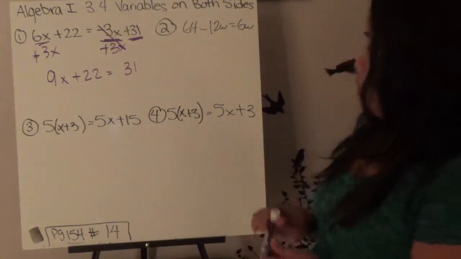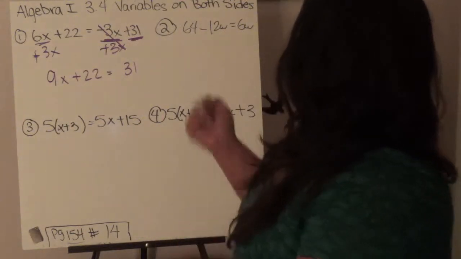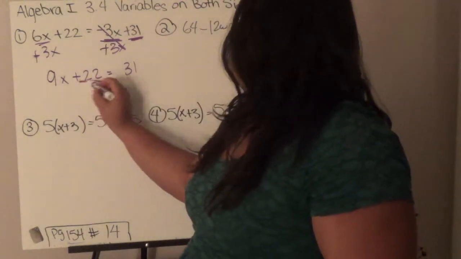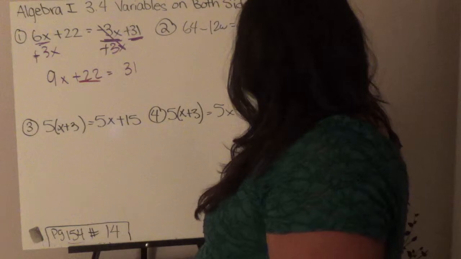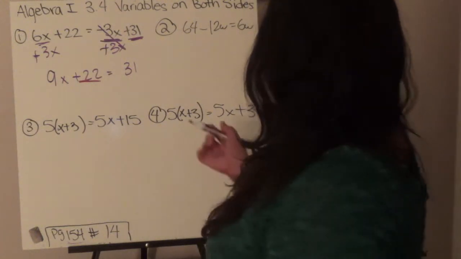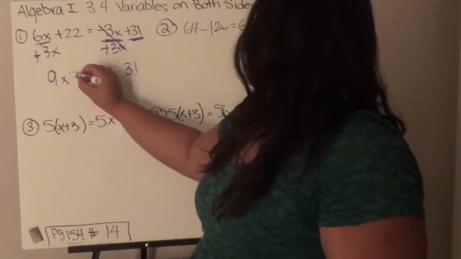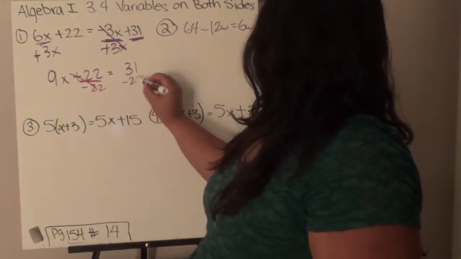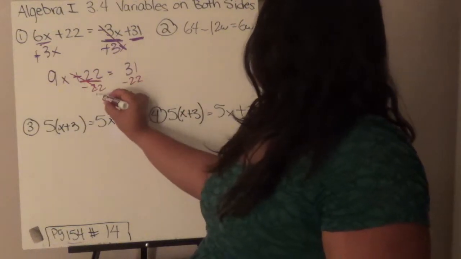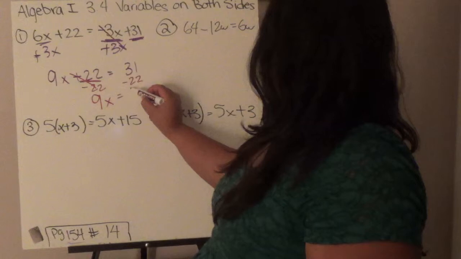Right? Now we've moved all the x's to one side and it's just the things that you've dealt with last section. We're going to get rid of x's friends starting from the furthest out. Well, the furthest out is positive 22. When I'm doing positive 22, I need to then do the opposite, which is negative 22. That cancels this out. So I end up with 9x equals 9.